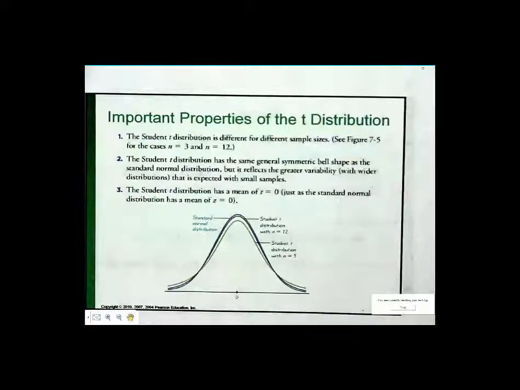If your sample size is big enough, remember, it doesn't matter if your population distribution is normal or not. But for small sample sizes, the t-distribution is wider than the z-distribution, and the smaller the sample size, the wider the t-distribution.